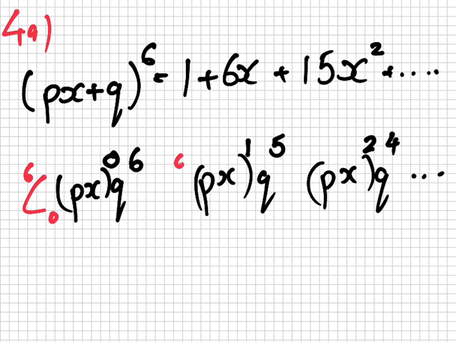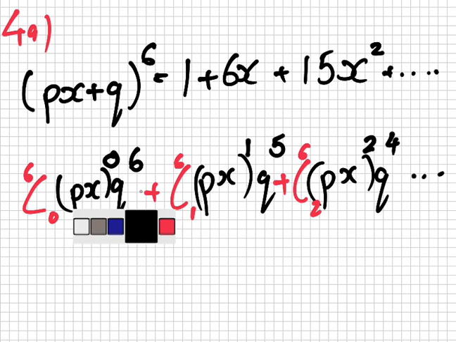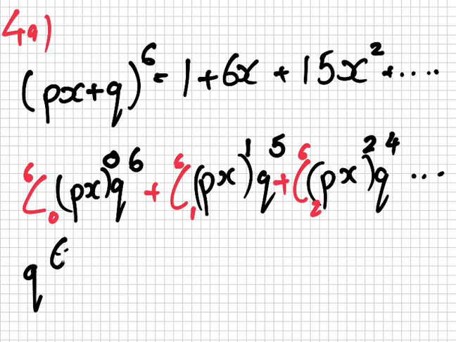6C0, 6C1, 6C2. So for me, you give the Ps. Oh, that's this piece here. So expanding, it's the X and the Q is the Y. Alright, so here I'll end up with Q power 6.